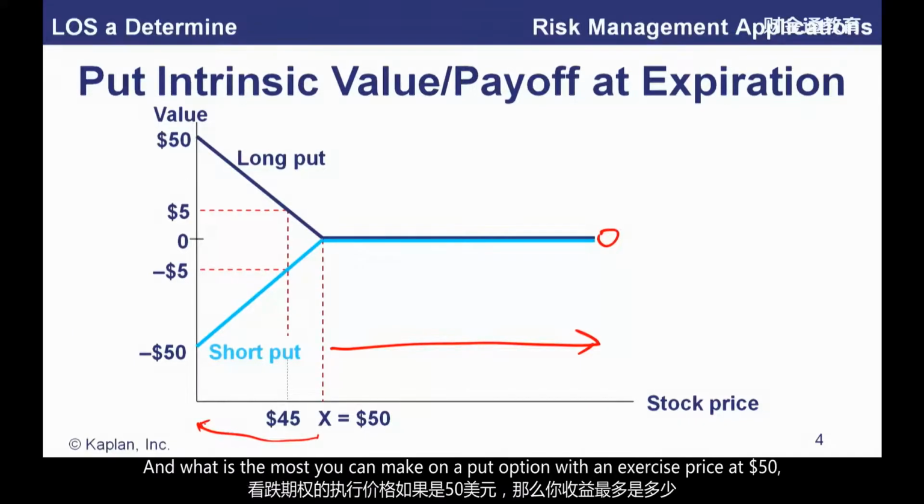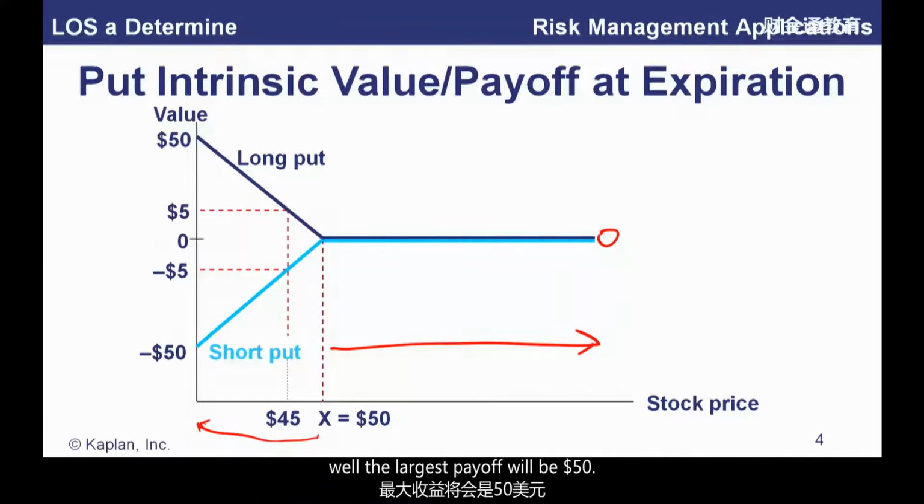And what's the most you can make on a put option with an exercise price of 50? Well, your largest payoff would be $50 if the stock price fell to zero. And in that case, the writer of the put would be out $50. They'd have a negative payoff at expiration.